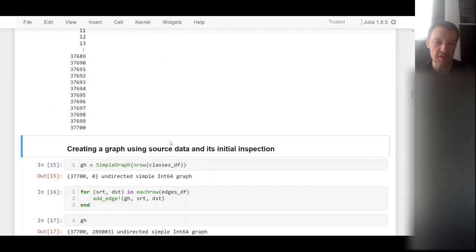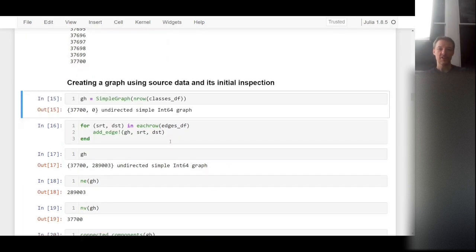So how do I do this? I start with the creation of the graph, and I create a so-called simple graph. Simple graph means that this is an undirected graph and also that it has two more properties.